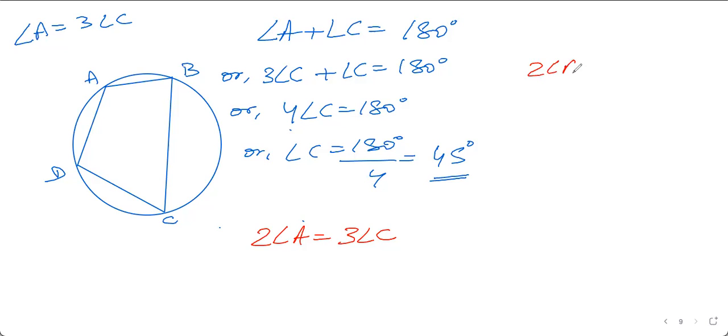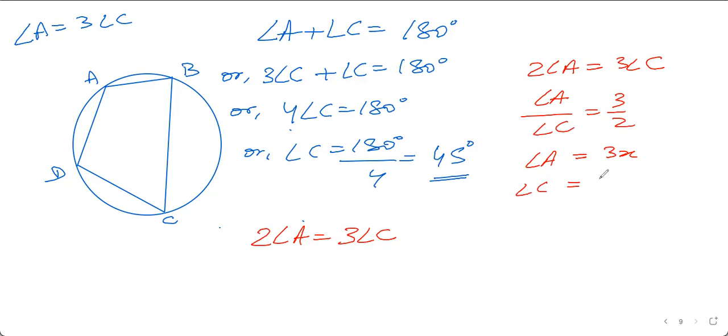So 2 angle A equals 3 angle C. So angle A by angle C equals 3 by 2. So let angle A equal 3x and angle C equal 2x. Ratio proportion. Then we will get 3x plus 2x equals 180 degrees. 5x equals 180 degrees.